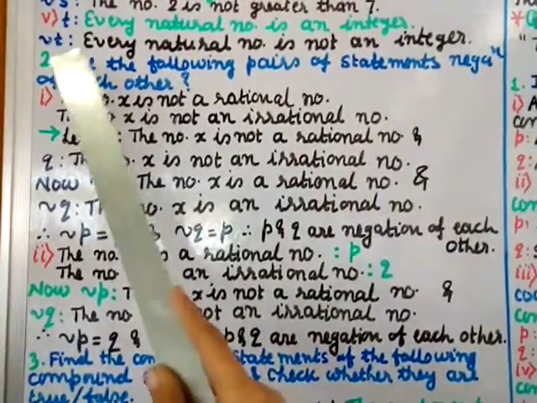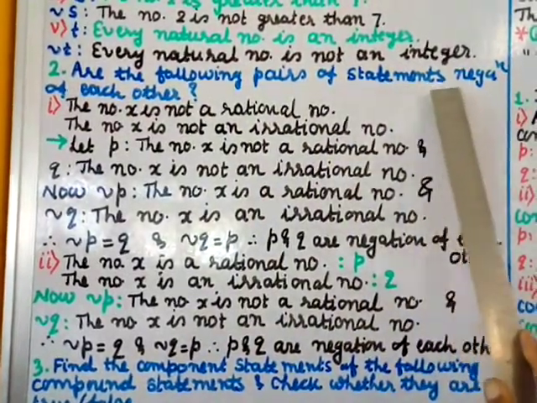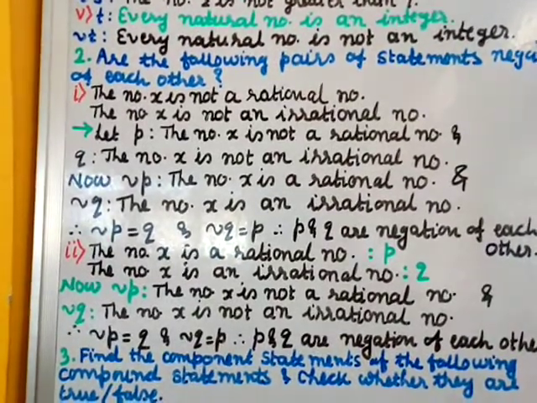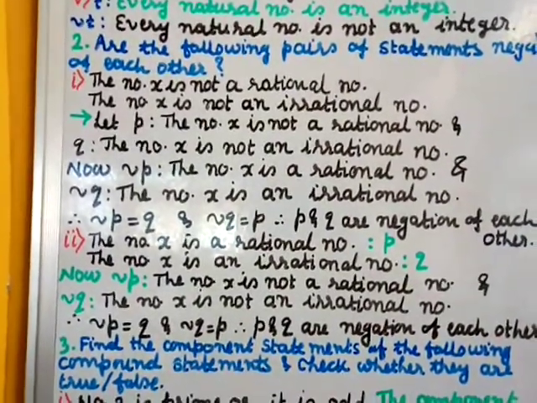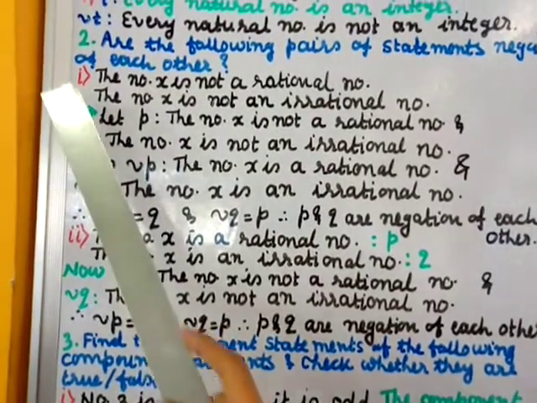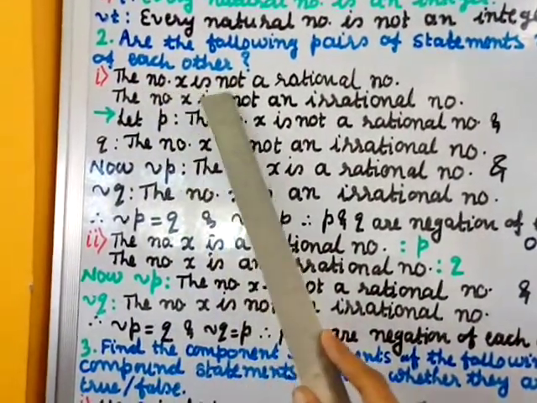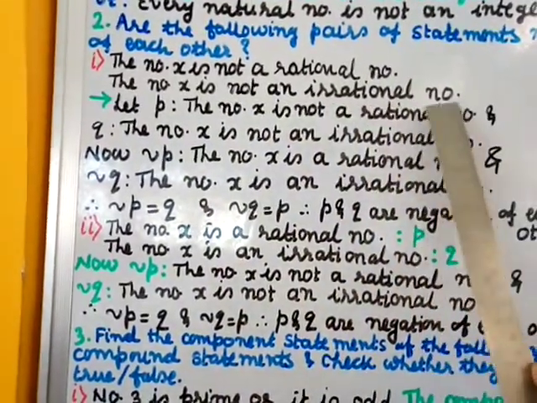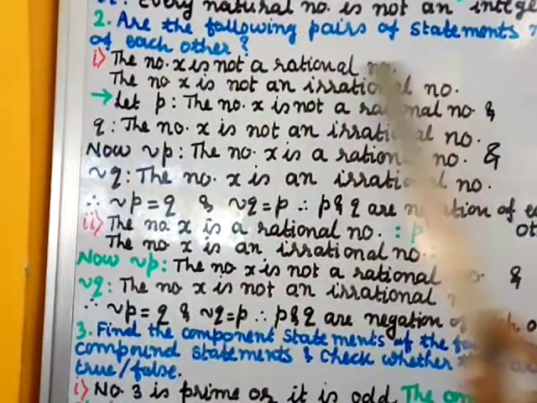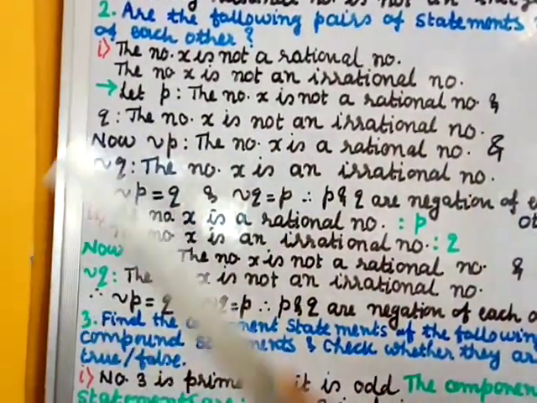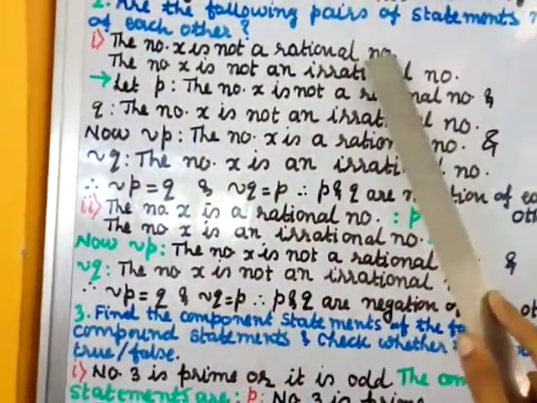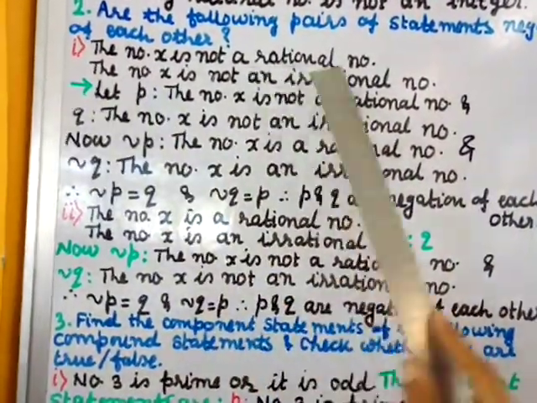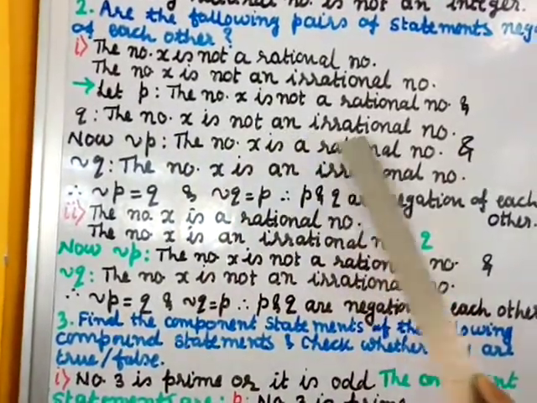Question number 2. Are the following pairs of statements negations of each other? So they have given us two pairs and we have to find whether they are negations of each other or not. The first pair is: the number x is not a rational number, and the number x is not an irrational number. I will call the first statement P and the second statement Q. So let P, the first statement, be: the number x is not a rational number, and Q, the second statement: the number x is not an irrational number.